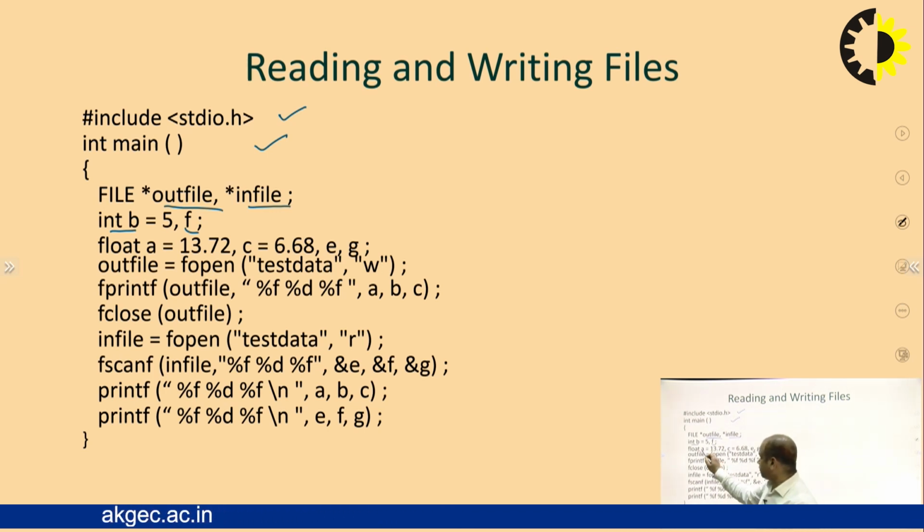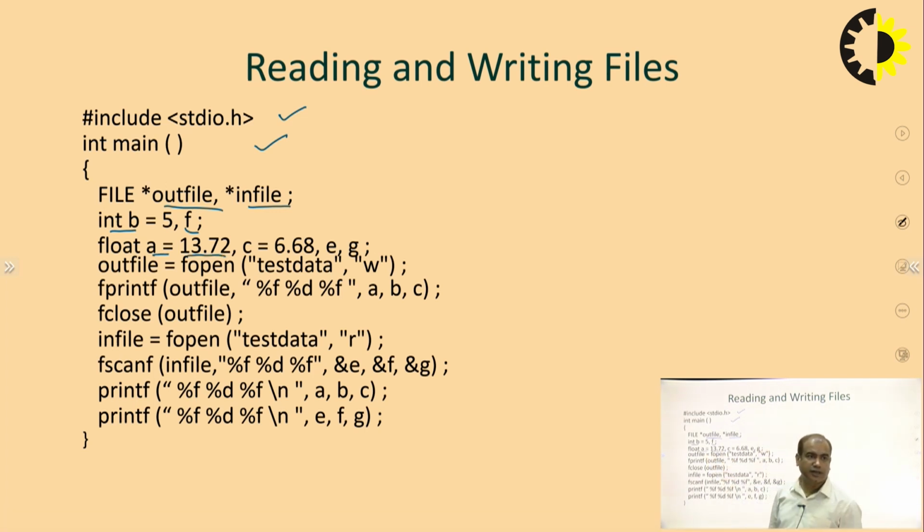Next float type variable a, we are using value 13.72, c is 6.68, and e and g are two variables of float type that we will use later on. Now outfile, we are opening that file with fopen, file name is test data in the write mode.